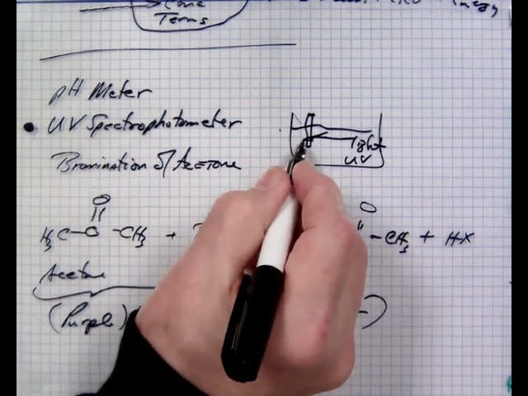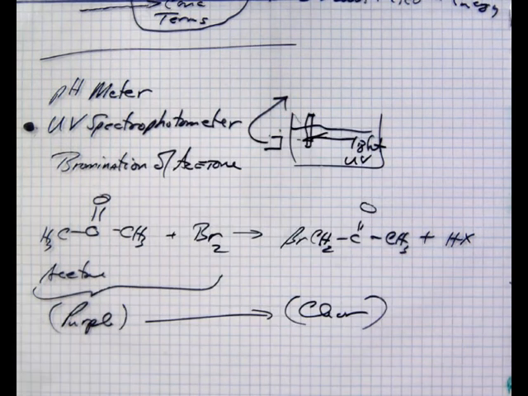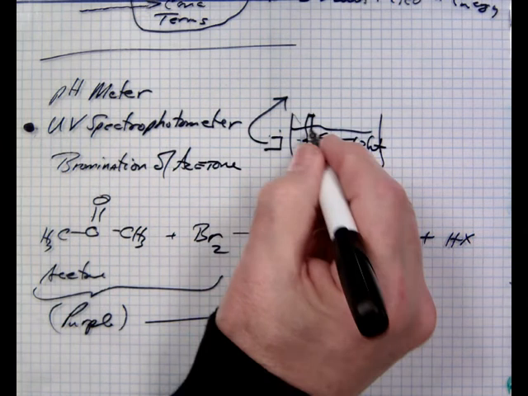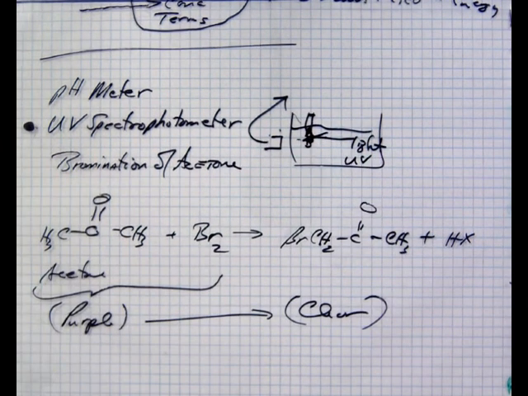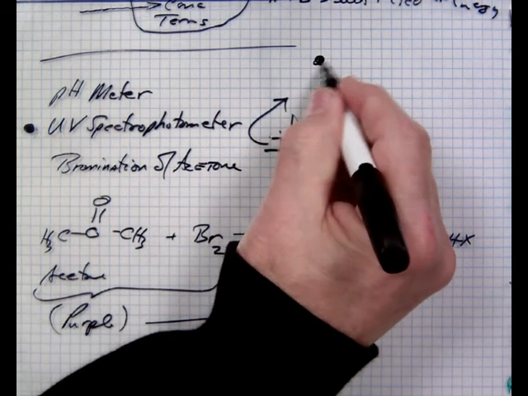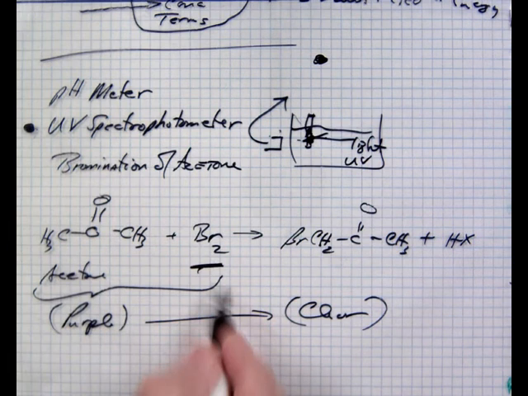It's picked up by the device that tells you how the absorbance of light changes. If you have a lot of purple in your tube right there, okay, you're going to have a lot of absorbance. So you're going to have a high absorbance based on the concentration of bromine in the system.